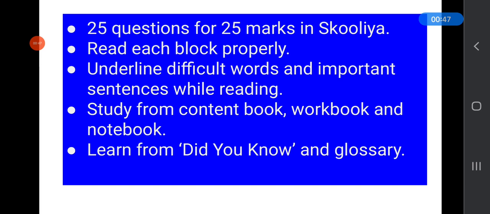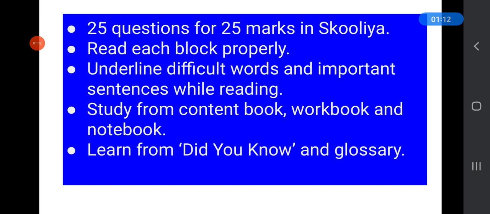So you will get 25 questions for 25 marks in the school year online exam section, and you have to study each block properly. While studying the block you need to underline important sentences and difficult words. Okay, and please don't study only from the content book.